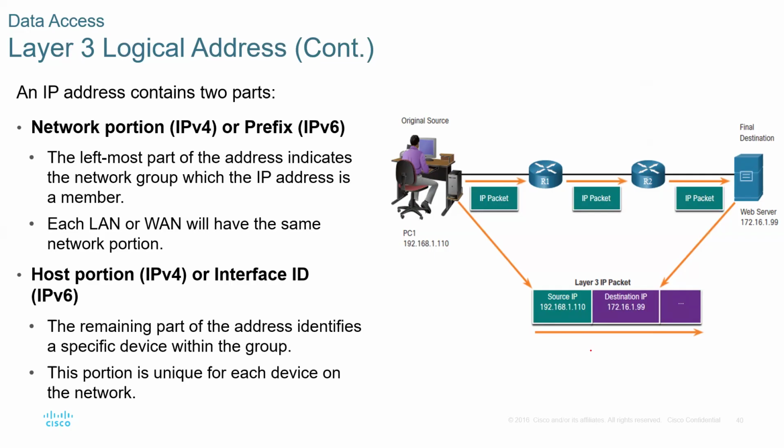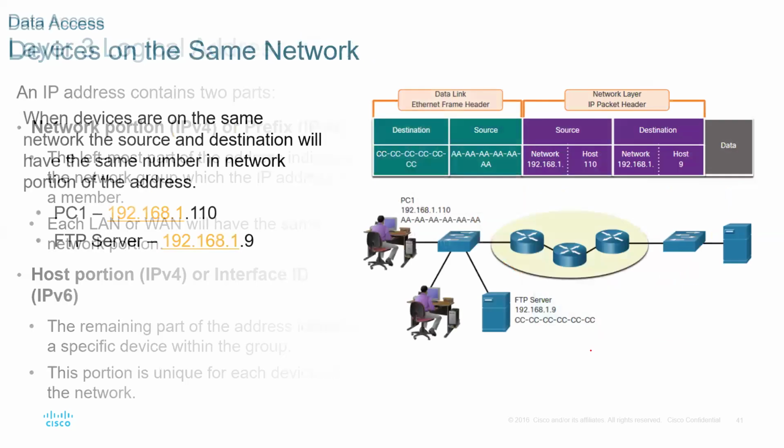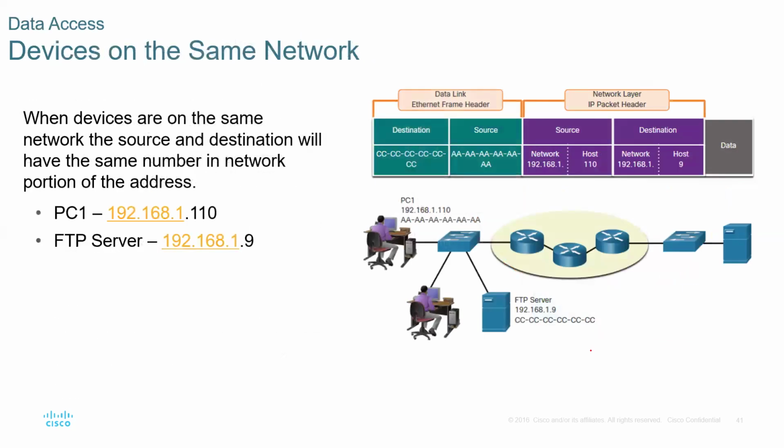Then the host portion is the remaining part, which is unique for each device on the network. Here is an example. The network portion of the addresses for PC1 and FTP is the same, because they are in the same network.